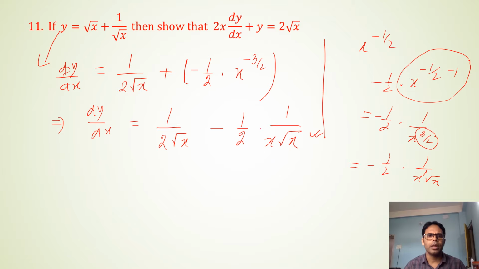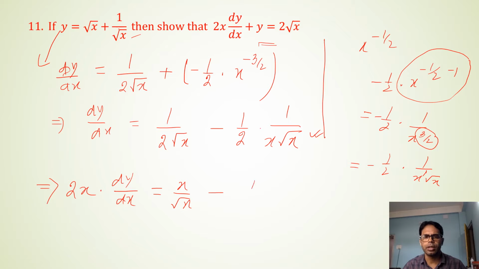Now as you see the solution of the problem in the proof part, in the proof part we need 2x multiplied with this. So if you take 2x multiplication with this total expression, in the left hand side we have only 2x dy/dx, is it not? 2x dy/dx is equal to, here 2 is already cancelled, and x by root x, you can write x by root x one time, then minus 2 is already taken away, x is already gone, so we have only 1 by root x, is it?